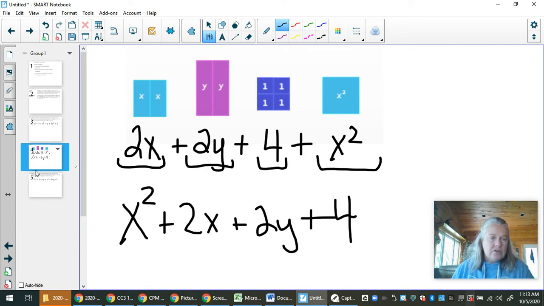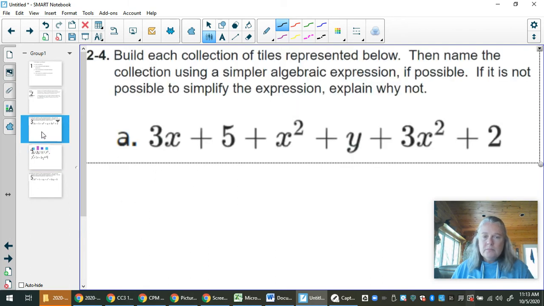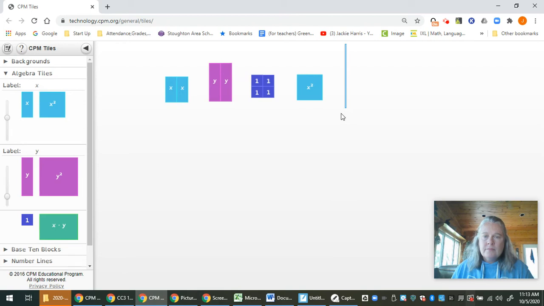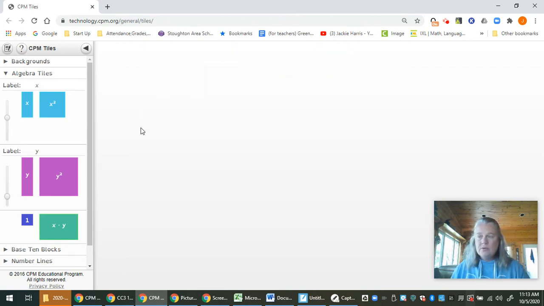So we are going to try a problem. They ask you to build the collection using the tiles. So 3 x's, 5, x squared, a y, 3 x squareds, and a 2. So I'm going to go to my tiles and pull out those values.